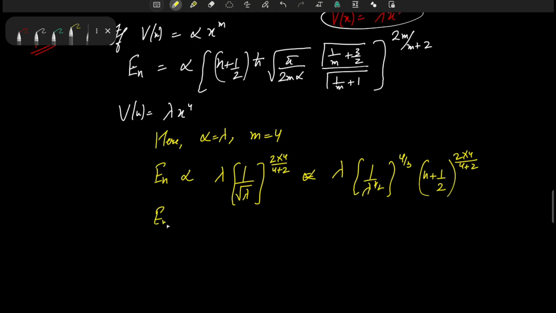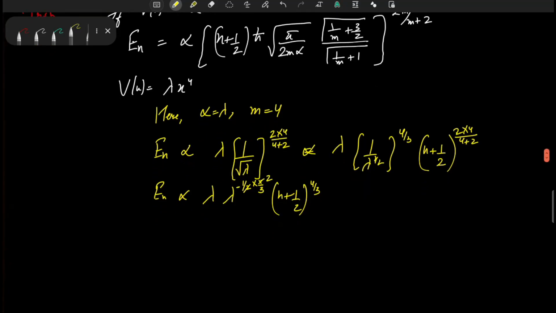So En will be proportional to lambda, this will go up and become minus half, times 4 by 3. So 2 will cancel, and this will give minus 2 by 3, multiplied by n plus half raised to power 4 by 3. So En is proportional to lambda raised to power 1 minus 2 by 3, and n plus half raised to power 4 by 3.